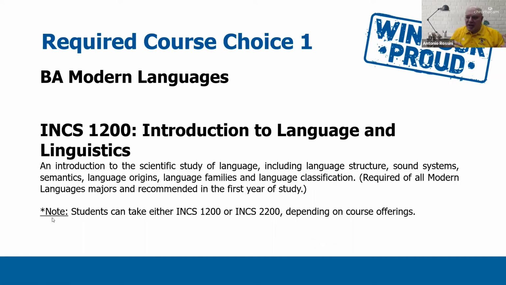So the order can be INCS 1200 in the fall and INCS 2200 in the winter, or INCS 2200 in the fall, INCS 1200 in the winter. Now, these two courses don't have to be taken in a sequence, obviously, since they can be taken in inverted order.